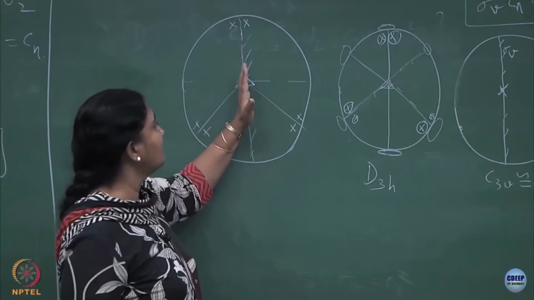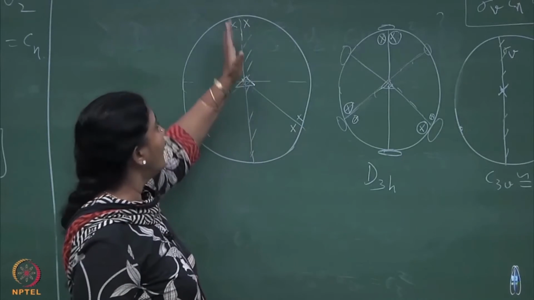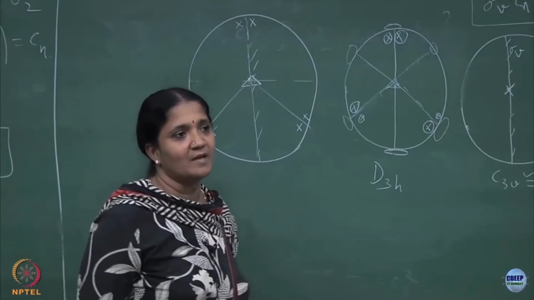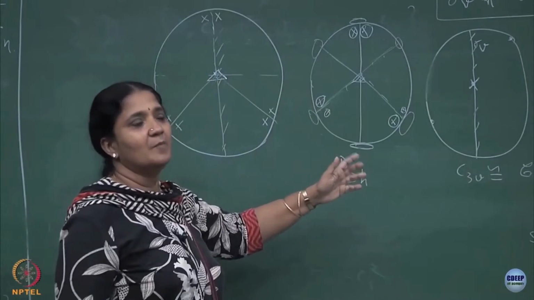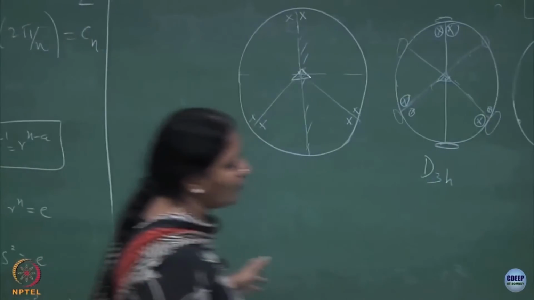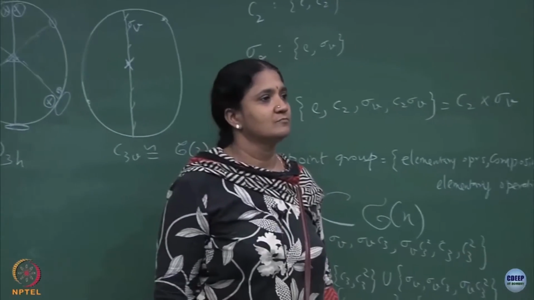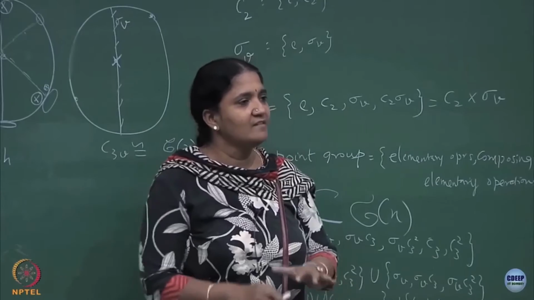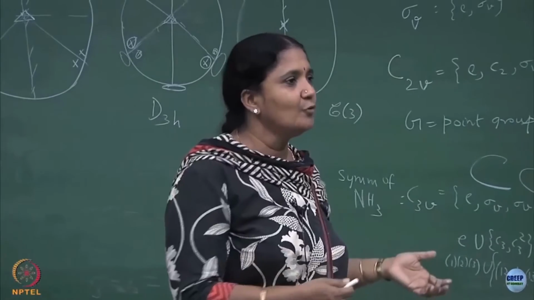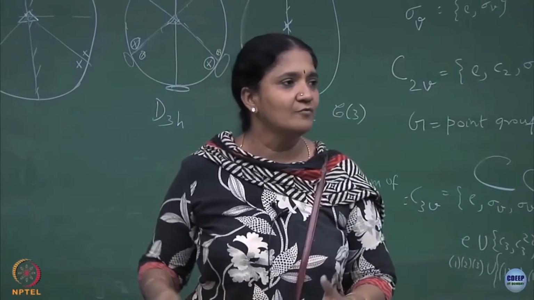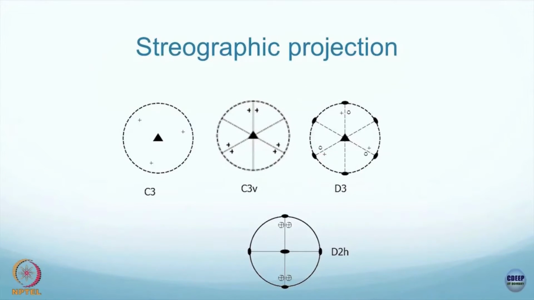The plane contains the principal axis, or I am looking at a two-fold axis perpendicular to the principal axis. And then the other elements all get generated, but they can also be viewed as compositions of sigma v times C3 and so on. Is that clear? These are various equivalent ways of interpreting the group elements of a finite group in the language of symmetry axes and symmetry planes of a molecule.